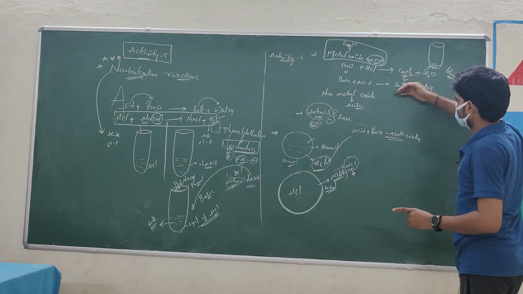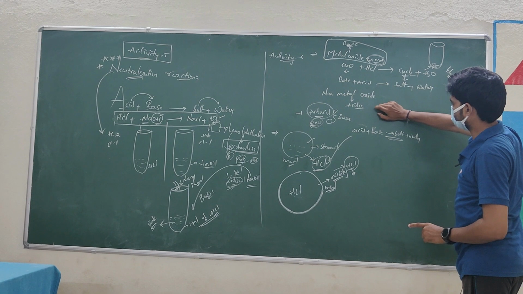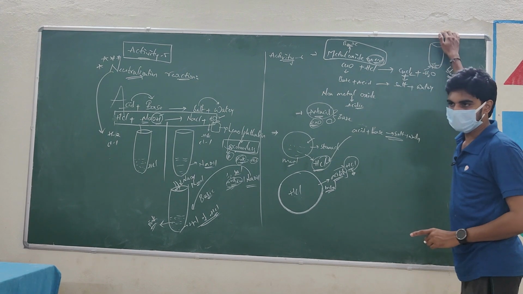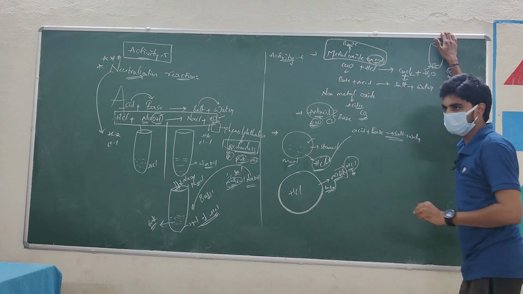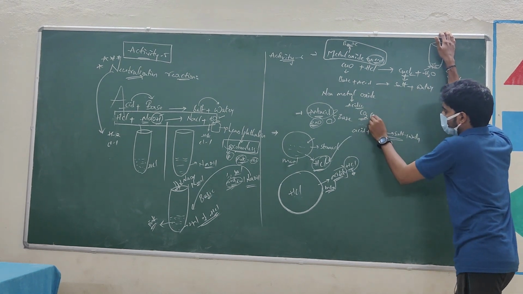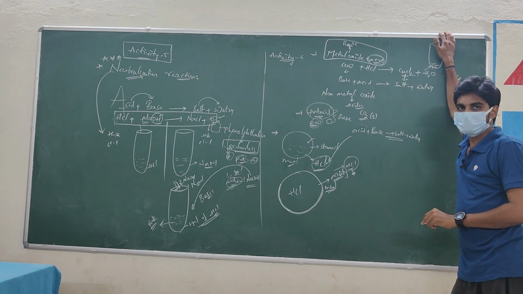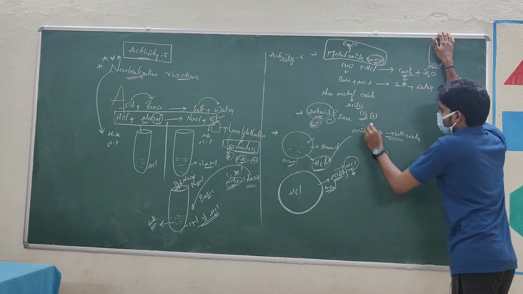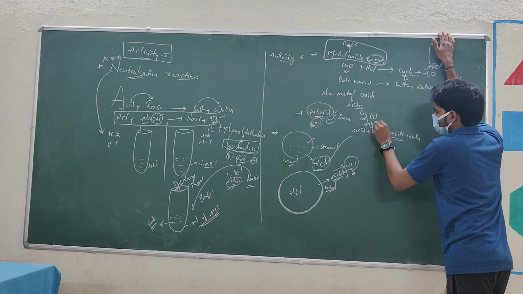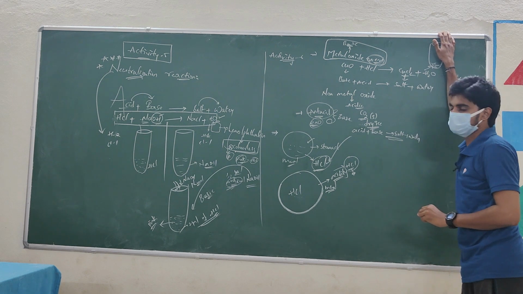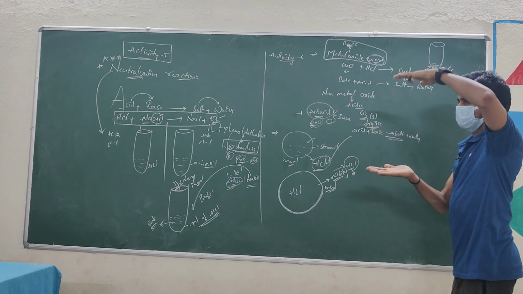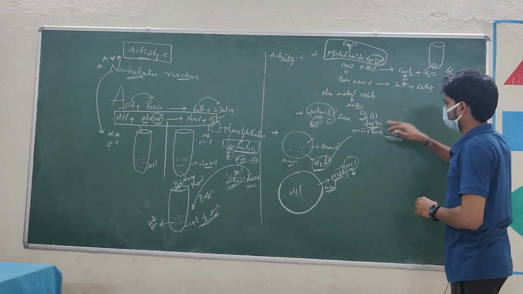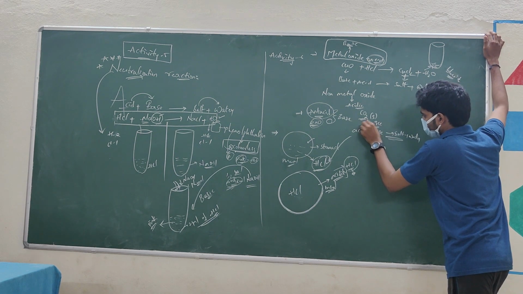Coming to the non-metal oxide, which has an acidic nature, let's say carbon dioxide. When carbon dioxide is in a dry, solid state, we call it dry ice. Under excess pressure, this carbon dioxide comes from the gaseous state to the solid state, and that we call dry ice.